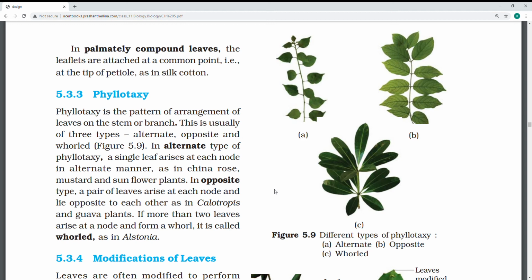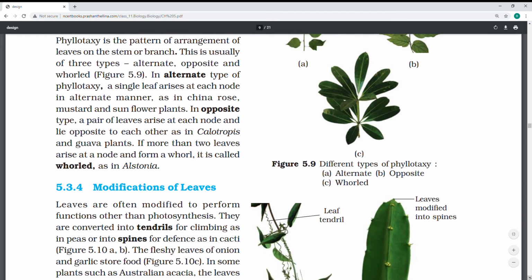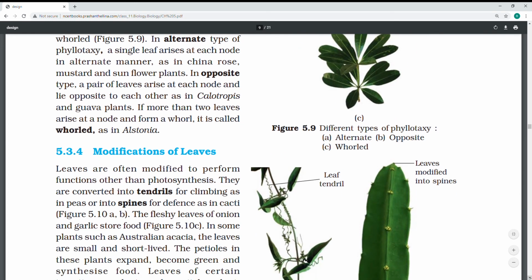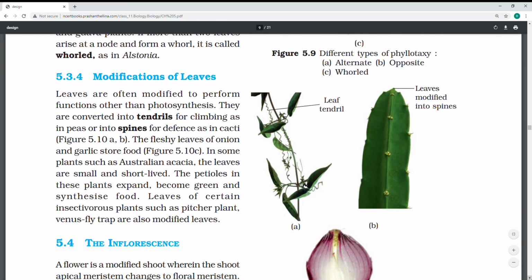So modification of leaves. Suppose you see the arrangement, what is phyllotaxy and its types, they will ask. Modification of leaves, if you see the diagrams, the first one, you know this plant very well.